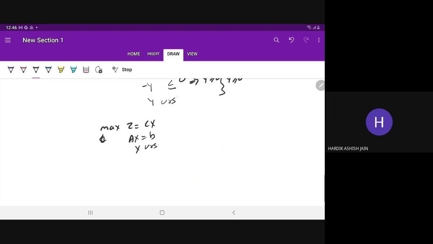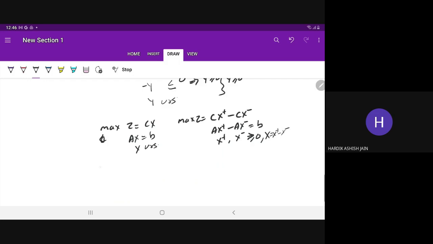When x is urs, this can be written as maximize z is equal to cx plus minus cx minus subject to ax plus minus ax minus is equal to b and x plus, x minus greater than or equal to 0, where x is x plus minus x minus, right?